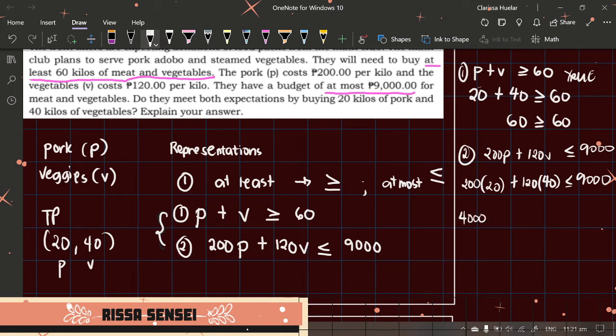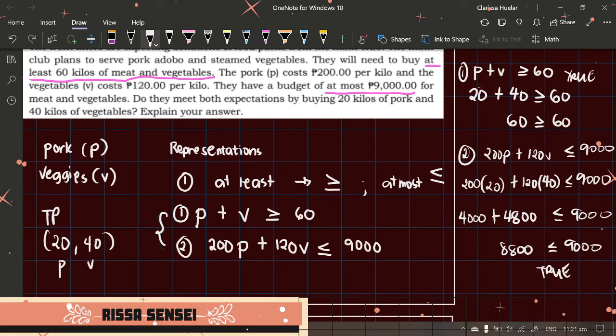Plus 120 times 40, so 12 times 4 is 48, so it's 4,800. We're going to add this. This is equal to 8,800. Is this true? Yes, it's true because 8,800 is less than or equal to 9,000. So this is also true.